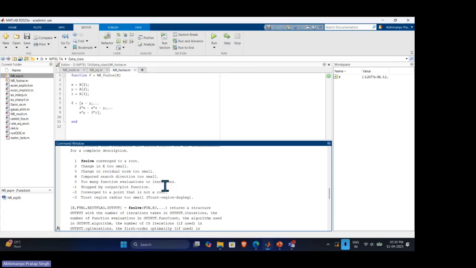My advice is that you should always check the exit flag and the residual, which is basically fval, because sometimes it shows that equation solved, but the exit flag is not 1. Sometimes it's just that the change in residual norm is too small, or the change in x is too small, or the computed search direction is too small, but it still shows that equation solved. So that's why you should always check the exit flag.